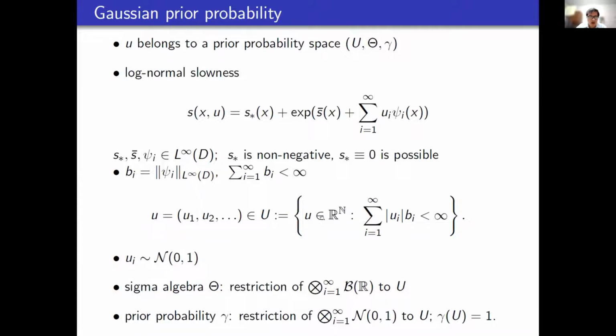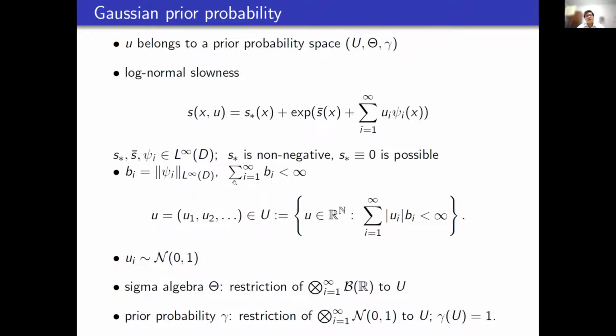Now, the big U that you see here, we define it as the set of all those u1, u2, and so on, such that the summation of the absolute value of ui times bi is finite. And bi is just the L infinity norm of the function ci.